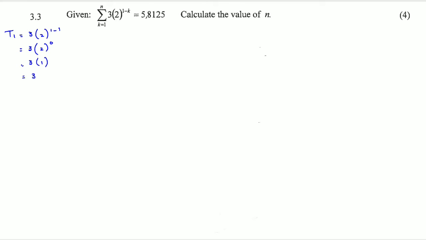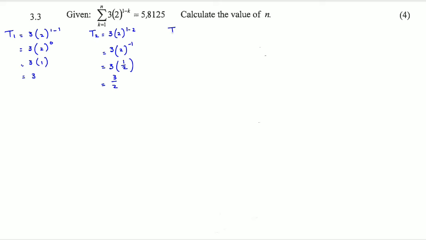So our first term is 3. Let's move on to the second term. That's 3 times 2 to the power 1 minus 2, which gives 3 times 2 to the power minus 1. That's a half, which gives us 3 over 2.